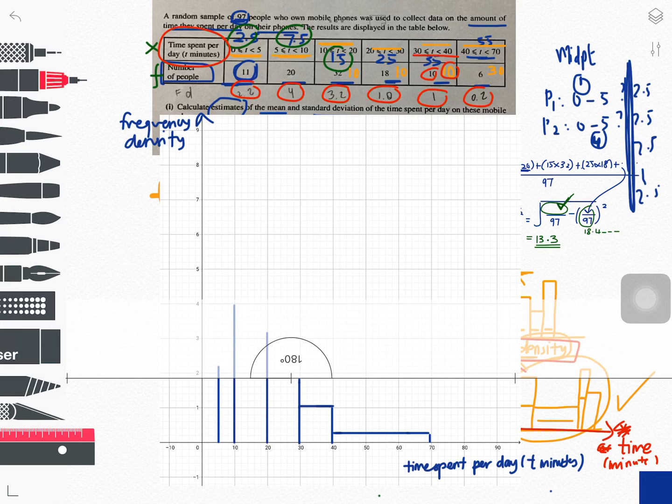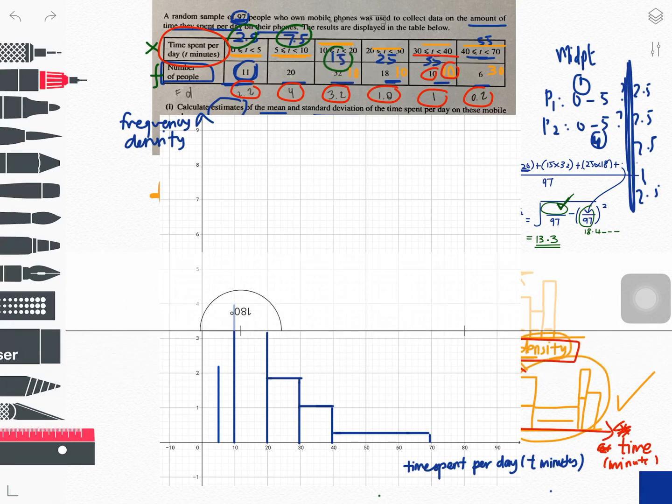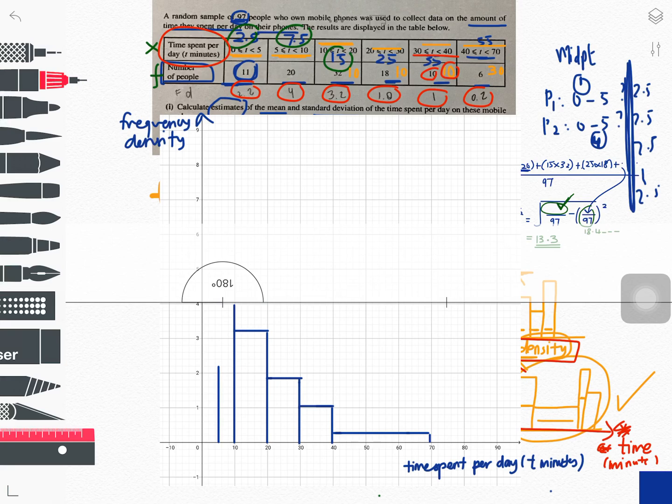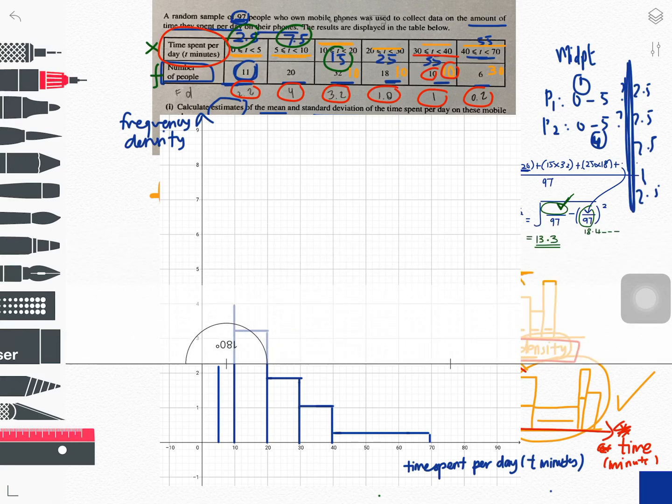It's 1.8. Yeah. 3 point, oh God. And then a 2.2.